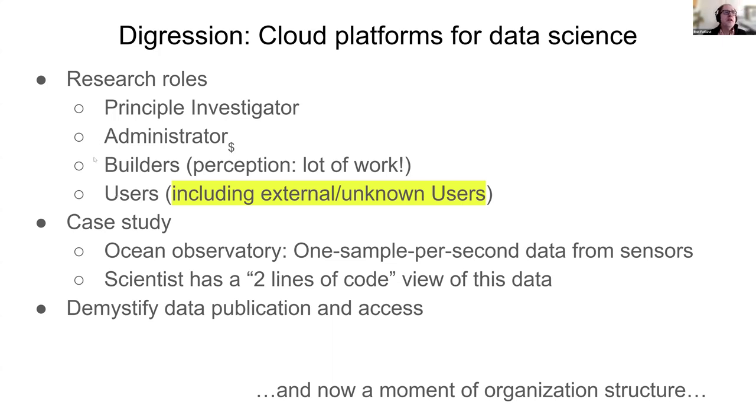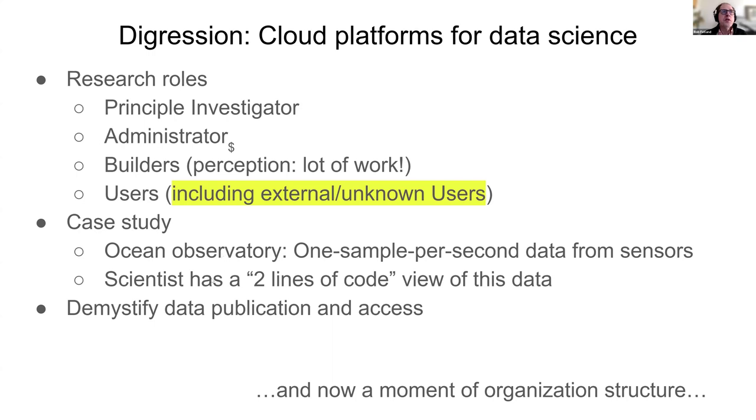So the case study that we're talking about today, the second case study, there are two. The first one is the example with the periodic table, and the second one is from an ocean observatory. There are some sensors that are deployed in the ocean. They take 1 sample per second, and we want to take a look at that data. But furthermore, we're talking in this presentation about building infrastructure. Here's the steps, here's the procedure, this is the rationale for how it goes.